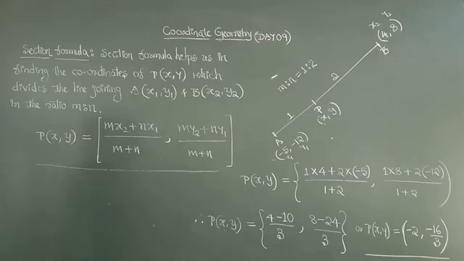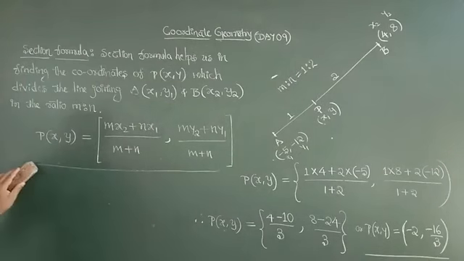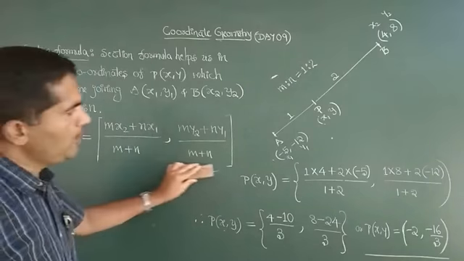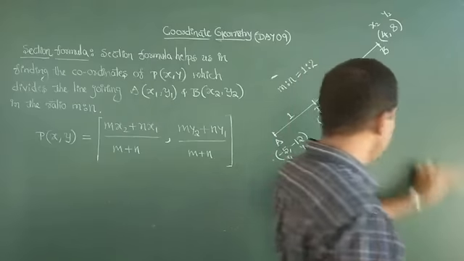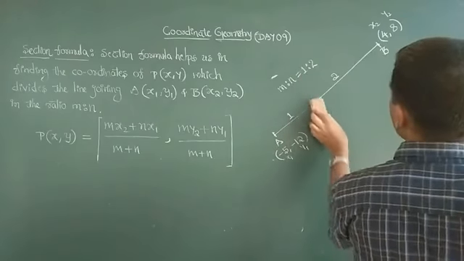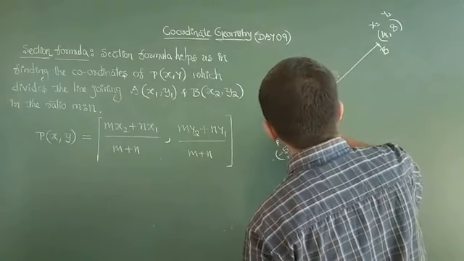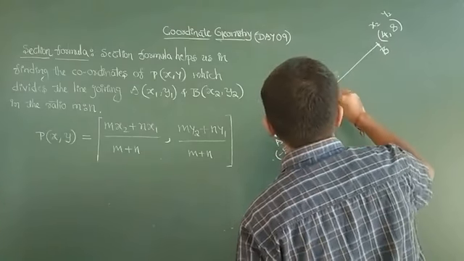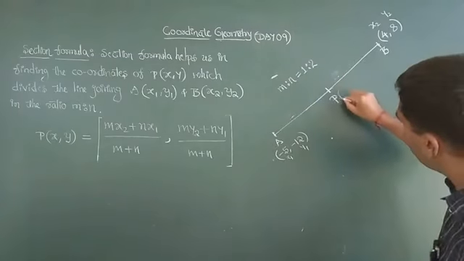That's what we write. Now, on further extension, the same formula, let us imagine now. This P, which is a point on the line segment joining AB, if it is a midpoint, what happens? Let us say now P is a midpoint.